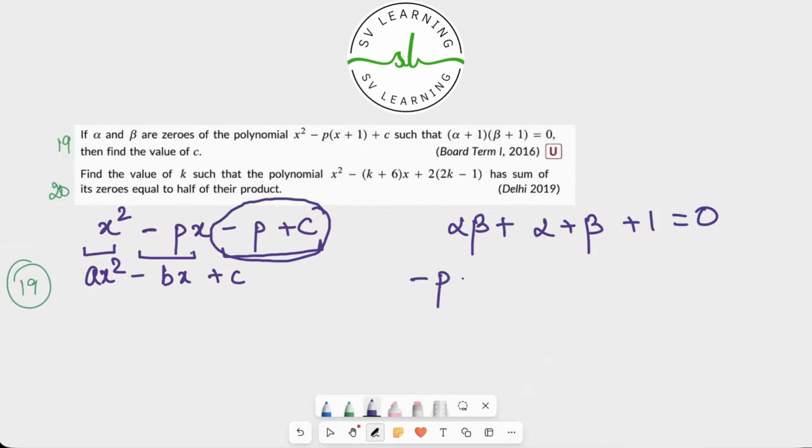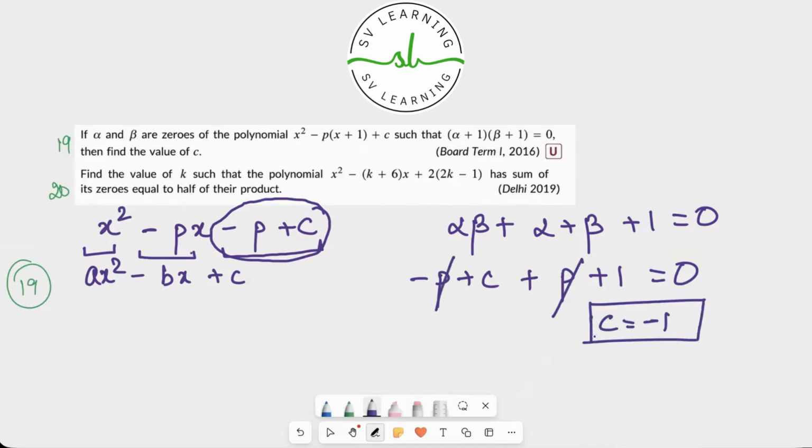So this will be minus p plus c. Now alpha plus beta is sum of the roots, which is minus b by a, which will be p. So this gets cancelled, and then what we get is c is equal to minus 1. So I hope things are becoming clearer.